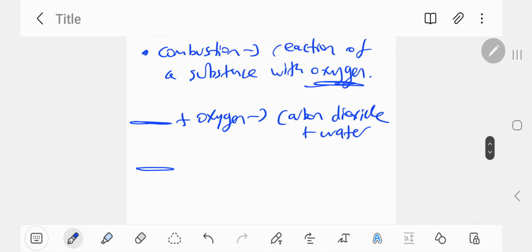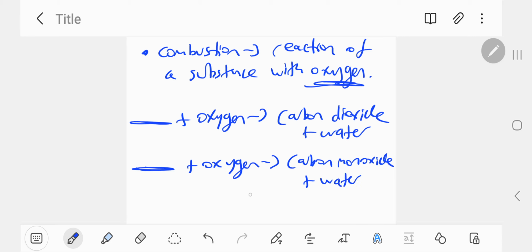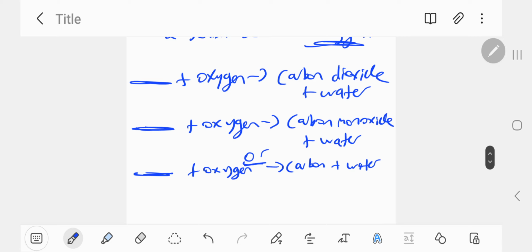Combustion comes in different forms depending on the amount of oxygen available.